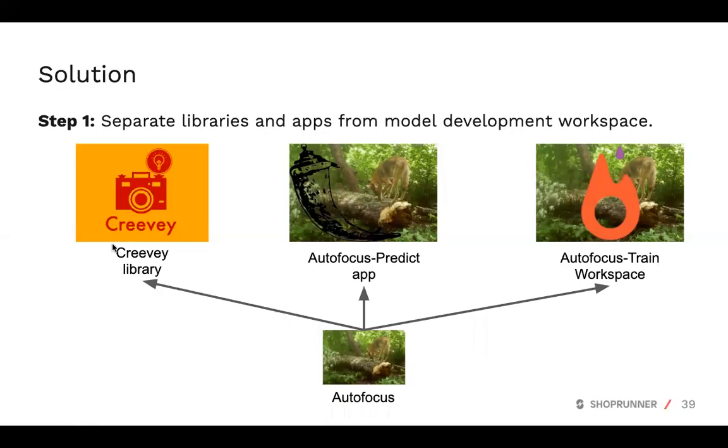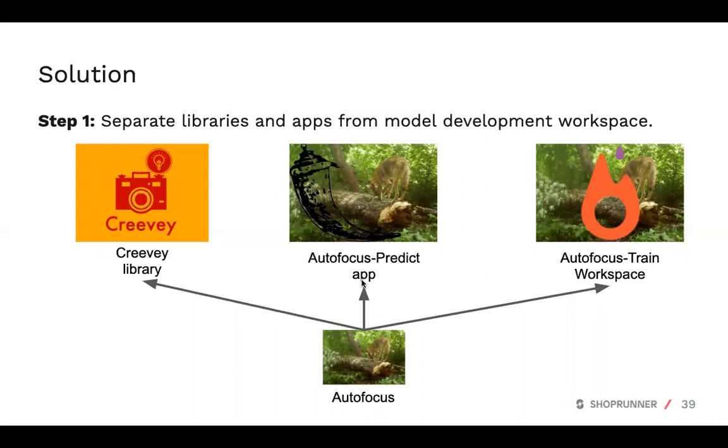As I was writing code to process the autofocus data, and then writing a lot of the same code at ShopRunner for the work I was doing there, eventually I realized, hang on, there's a common pattern here. If we made a framework to handle those common patterns and made that into its own library, that would save us a lot of work. So we pulled out that code into a library.